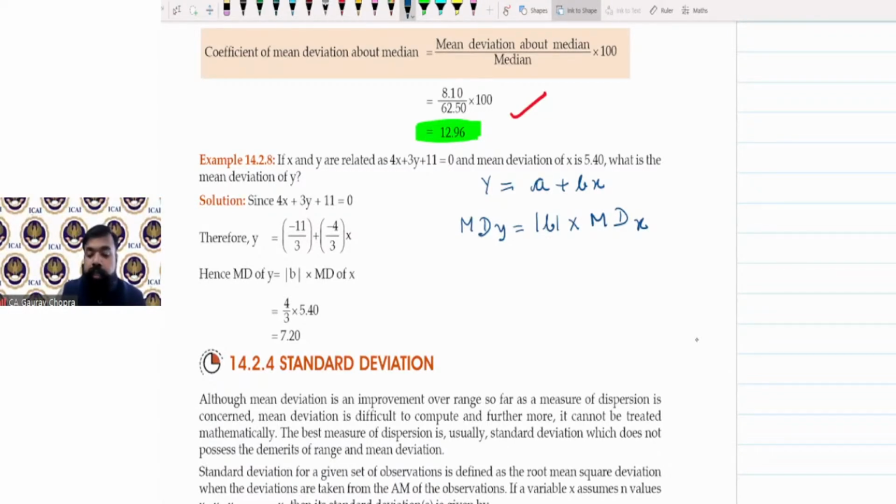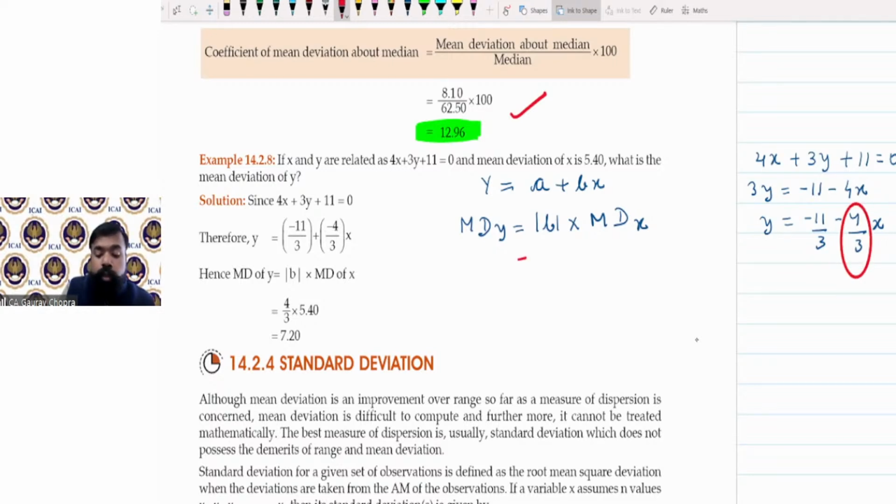So let us write the equation. 4x plus 3y plus 11 is equal to 0. Now we have to arrange according to this format. So 3y is equal to minus 11 minus 4x. So y will be minus 11 by 3 and minus 4 by 3x. So what we have to use, the mod of b we have to use. Ignore the sign.